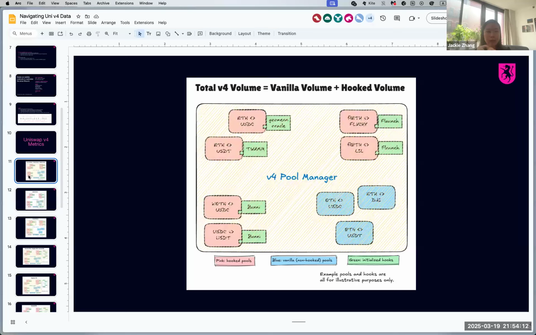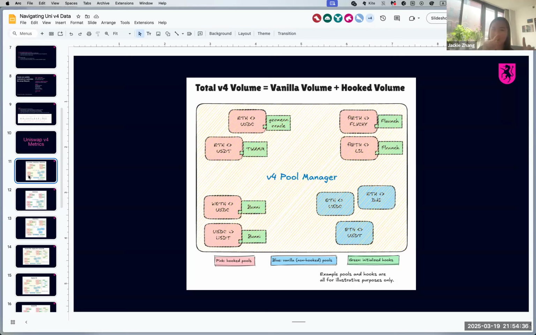And then the way you can connect the hook with the swap is through the initialize event, right? Because if you remember, in the initialize event, it will have a column called hooks for each of the pools. So that's how you can connect the hooked pool volume with the pool volume calculation as a whole.